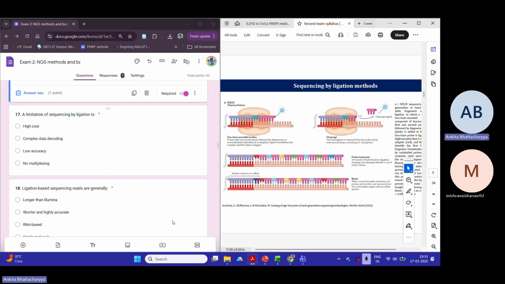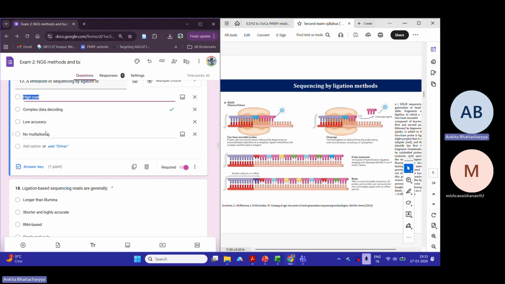A limitation of this process of sequencing by ligation, what is it? It is not very high cost, but instead it is the complex data decoding. Because while on one hand we have understood that the accuracy of the technique is higher because there is double, triple validation that at position X, a particular nucleotide is present, X plus one, the next one is present, and so on and so forth.